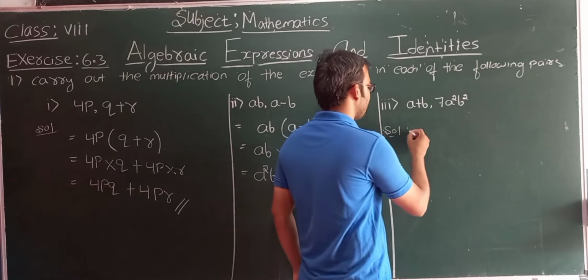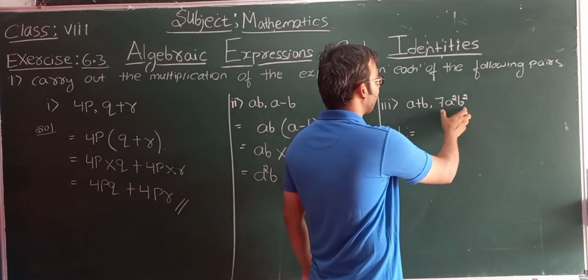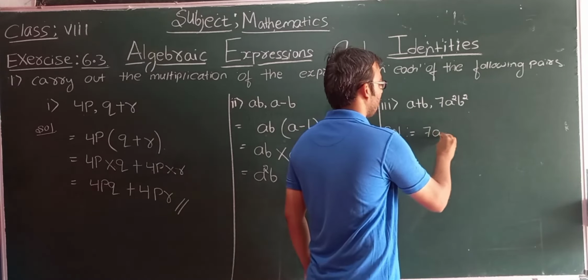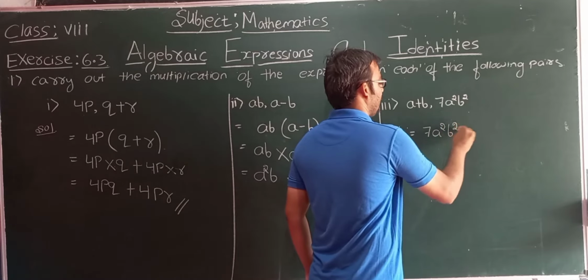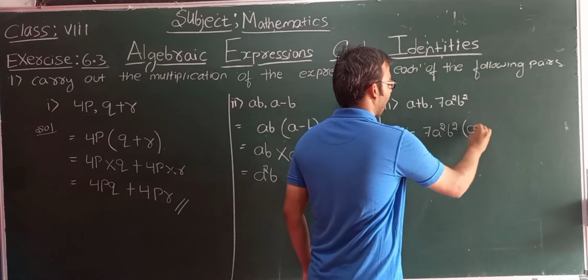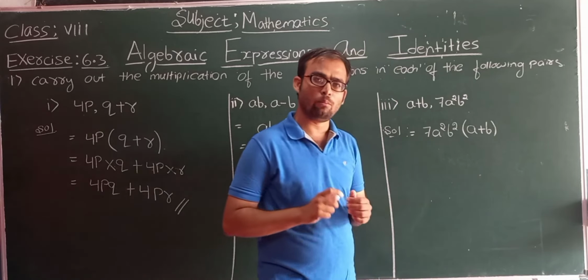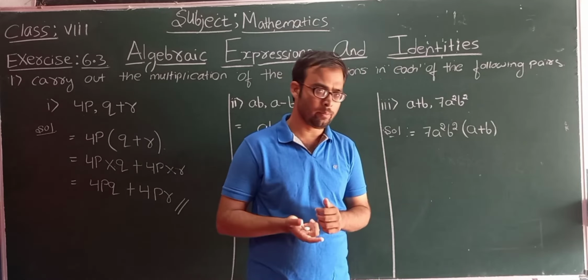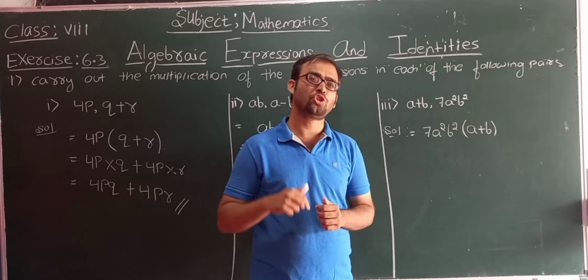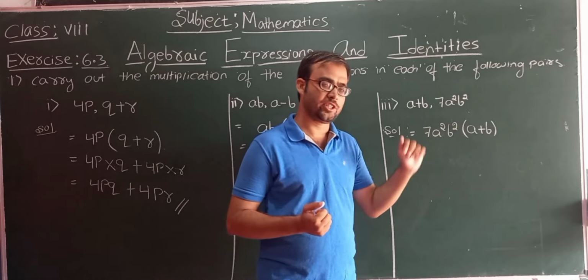Now students, what we need to do? We need to write this term first, next this one in brackets. So remember, whenever we are multiplying a monomial with a binomial, the binomial should be written in brackets.